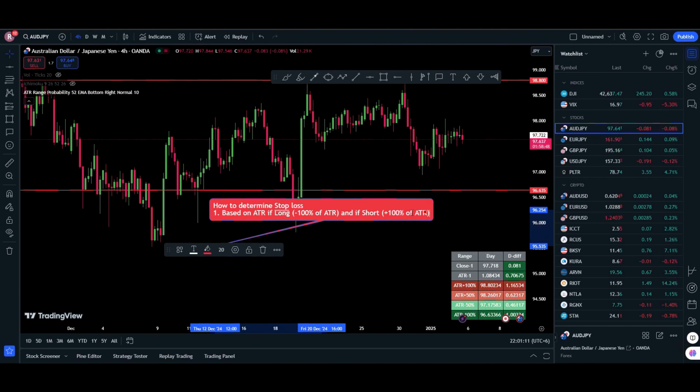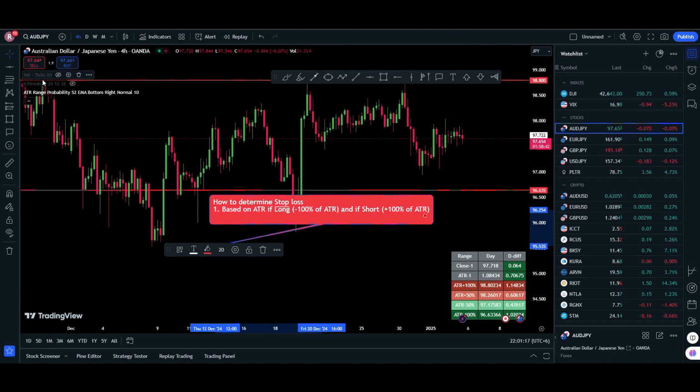This is one method, very crystal clear. You don't need to be confused. Just enable this indicator in your TradingView chart, and you can find this here and put the stop loss. And as per our primary rule of engagement, we should always put our stop loss.